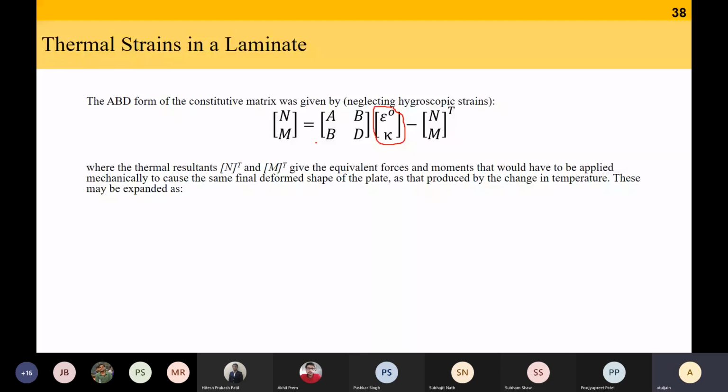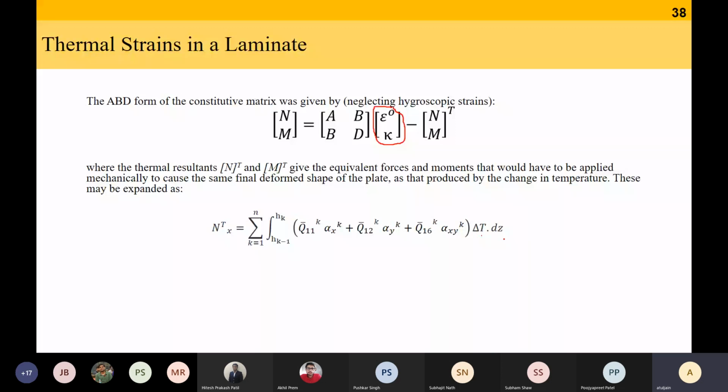Further, we can write it like this: N T at any point will be equal to the summation of k equals 1 to N, integration over the thickness of the lamina, of Q11 alpha x plus Q12 alpha y plus Q16 alpha xy, times delta T, dz.